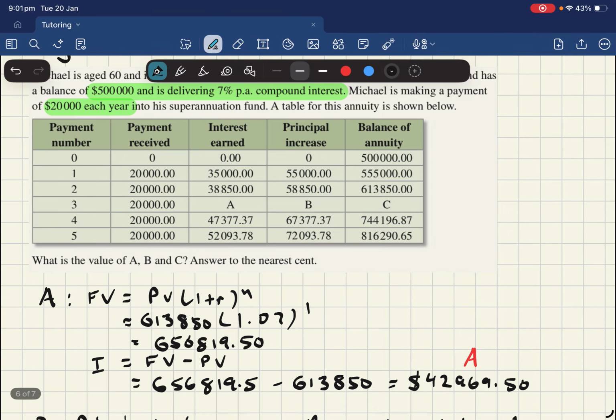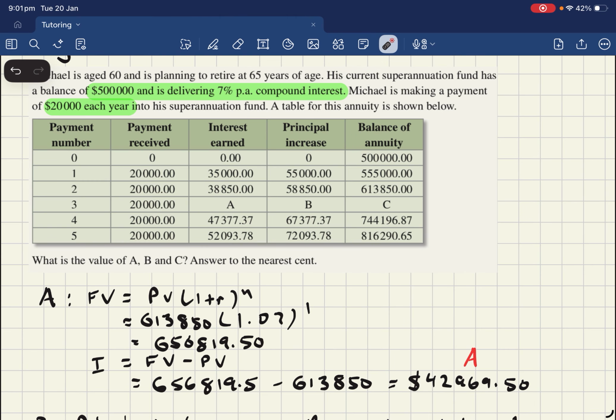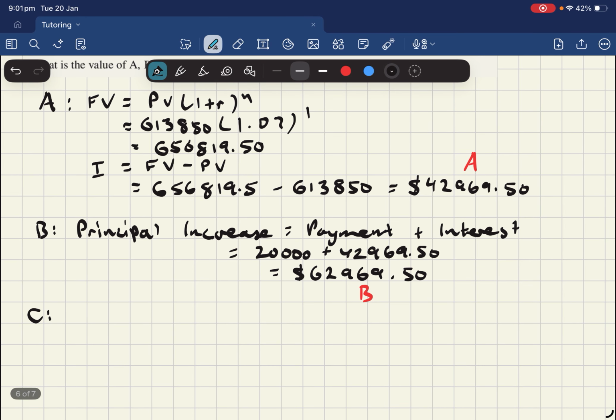Finding C now, we just want the balance of the annuity. So the balance of the annuity is the amount we had at the end of the previous payment plus our new principal increase. So let's actually write that in. The balance equals the previous balance plus the principal increase.